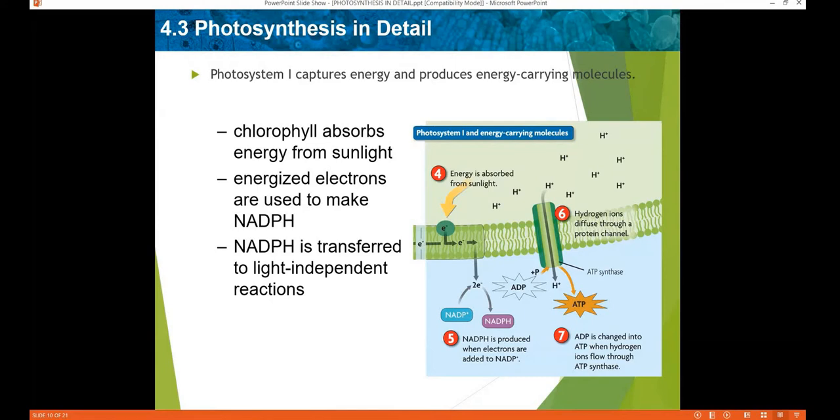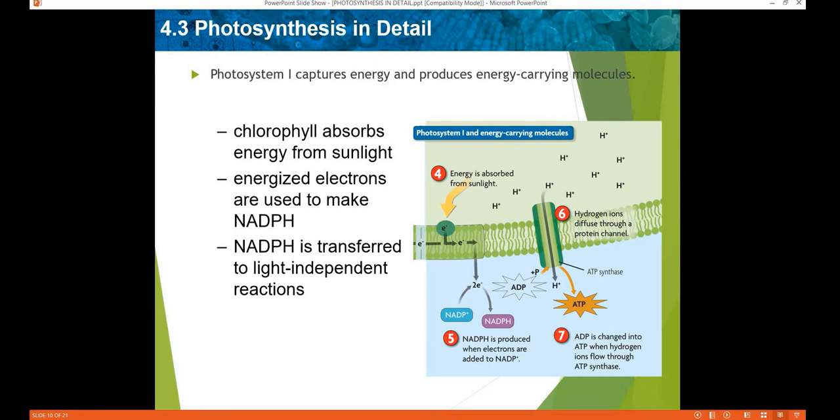In photosynthesis, NADP functions like ADP and NADPH functions like ATP. That means which has more energy, NADP or NADPH? NADPH. Yes, NADPH is produced by adding more energized electrons to NADP.